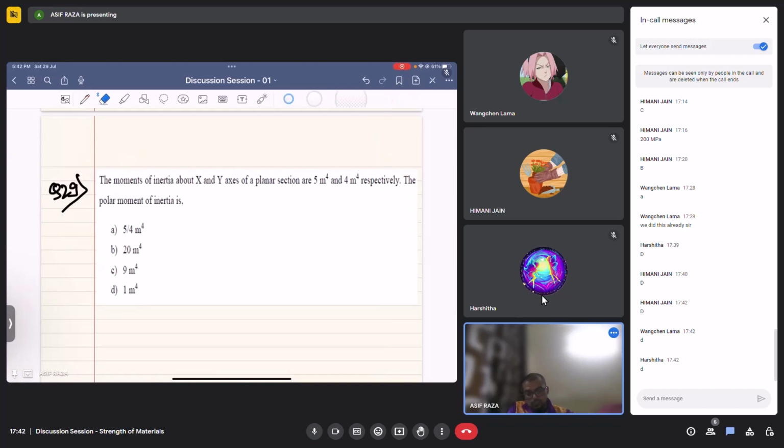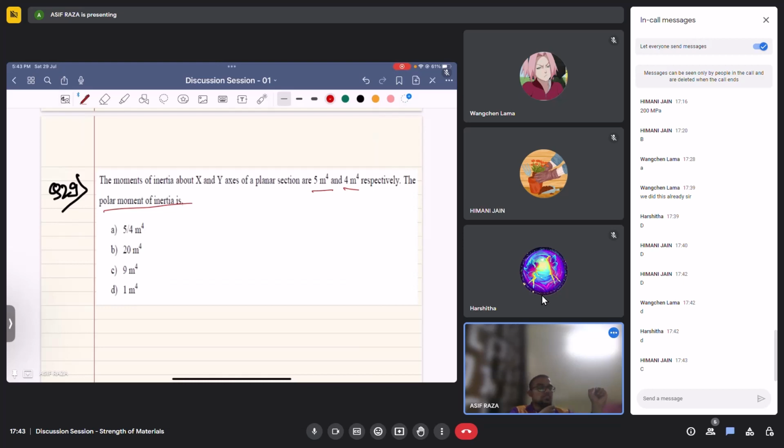I have taught you earlier the units were different, so I hope you guys can give the answer pertaining to this question. The moment of inertia about x and y axis of a planar section are 5 meter to the power 4 and 4 meter to the power 4 respectively. The polar moment of inertia is? Yes, Himani has given her answer.